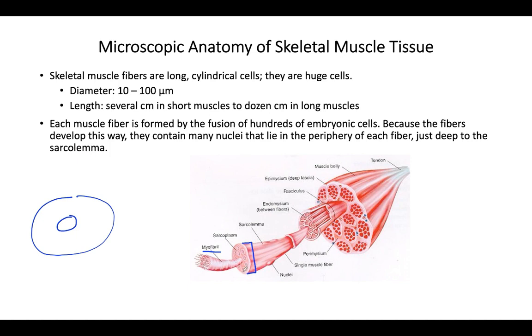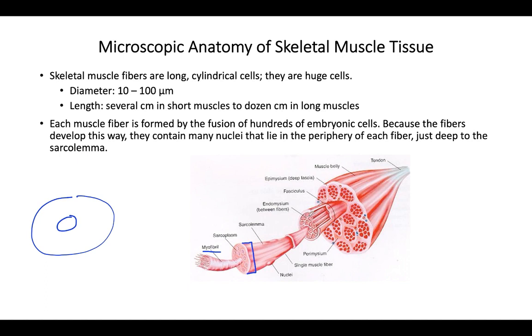There are several myofibrils in a single muscle cell. This is a muscle fiber, a single muscle cell. Inside the muscle cell, there are several myofibril organelles. The membrane of the muscle cell is named sarcolemma, and each muscle cell is surrounded by endomysium.